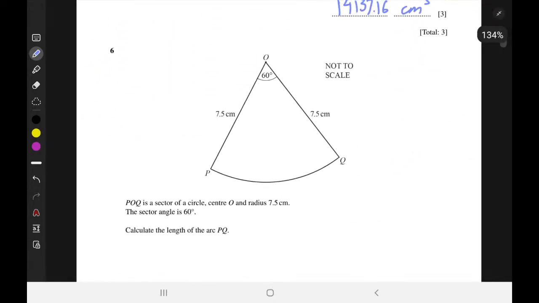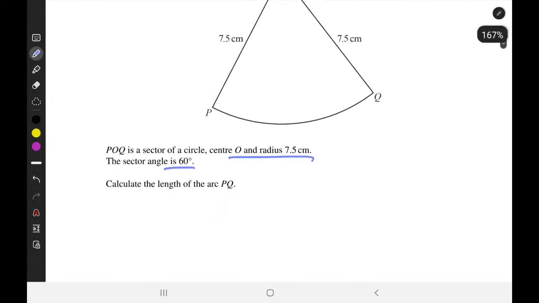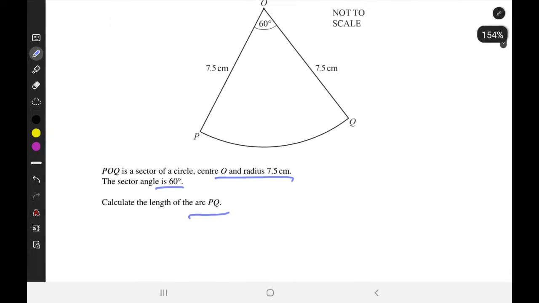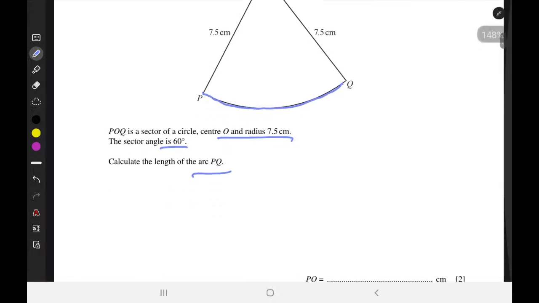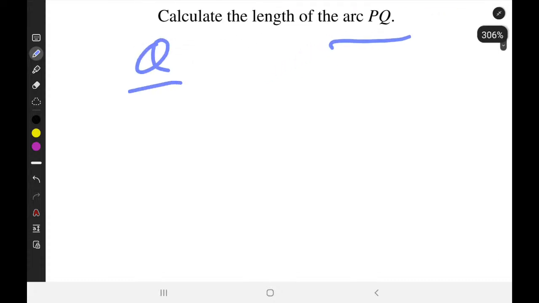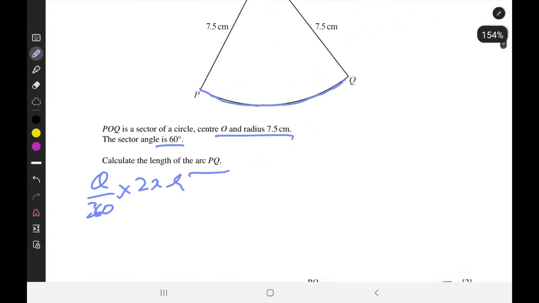Next question. POQ is a sector of a circle, center O, radius 7.5, and the sector is 60 degree. The length of the arc, okay, so we know that the formula of arc length is theta upon 360 multiplied by 2 pi r. Okay, let's apply it.